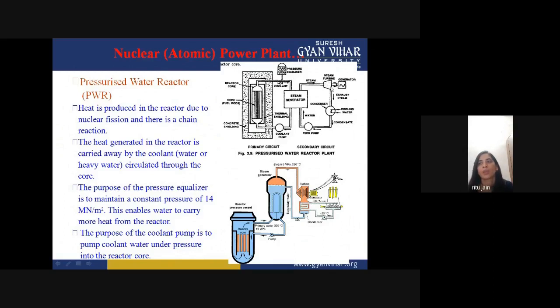When the turbine rotates, its mechanical energy is converted into electrical energy, and some exhausted steam comes over here, which is not utilized. This exhausted steam is cooled by cooling water and condensed, so it again comes into the water form. Then it is fed into the steam generator by using the feed pump.